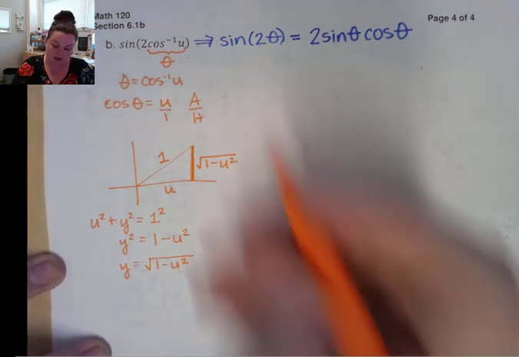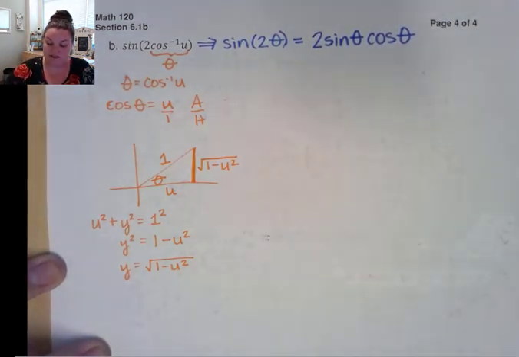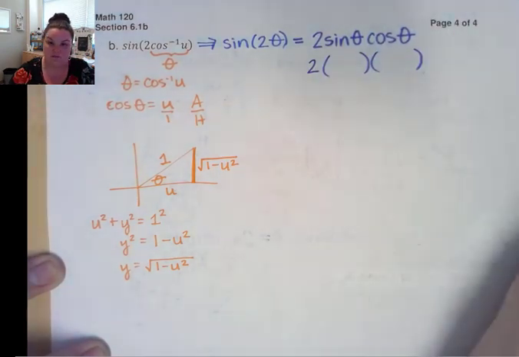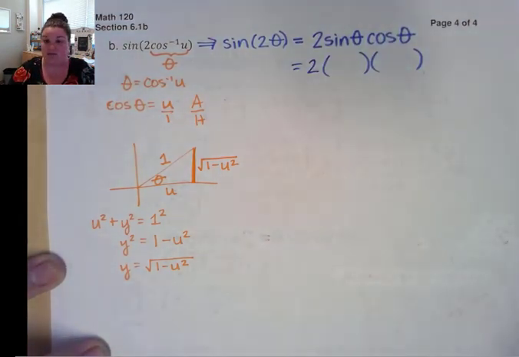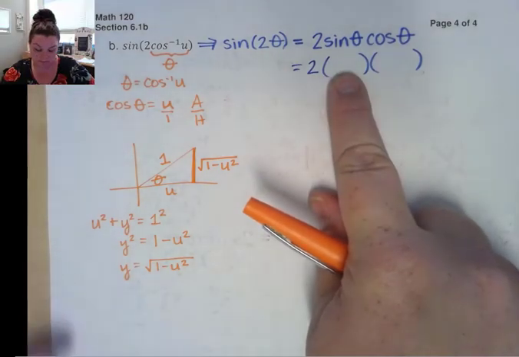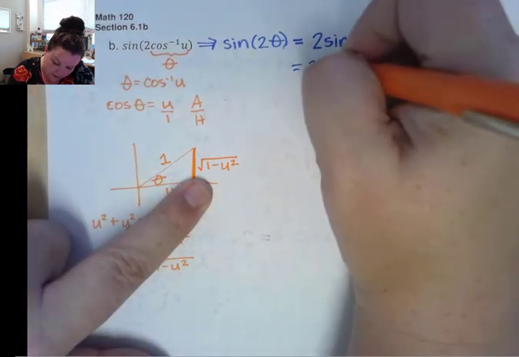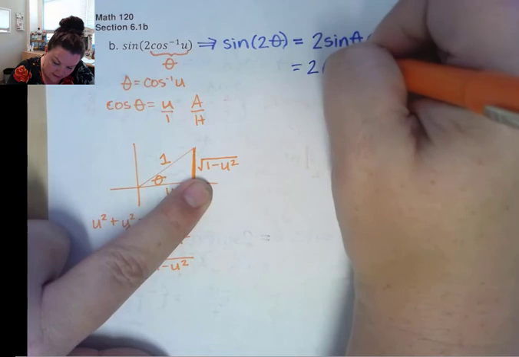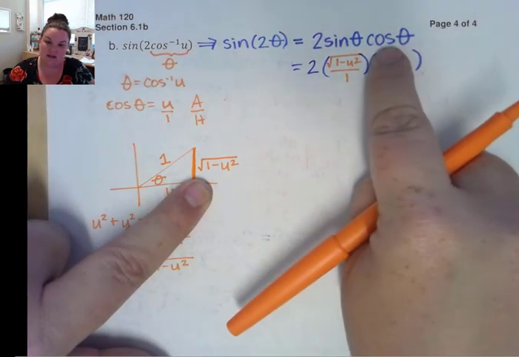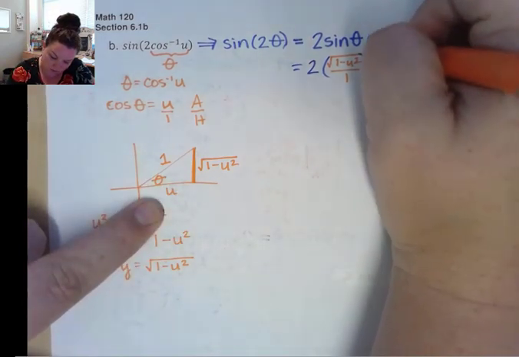Now that I know everything I need to know about this theta angle, I should be able to fill in for these values, because this just says I want to do 2 times whatever the sine is times whatever the cosine is and simplify. So let's find our sine value. Our sine value is opposite over hypotenuse. So we have the square root of 1 minus u squared all over 1. And then cosine theta is adjacent over hypotenuse, so u over 1.